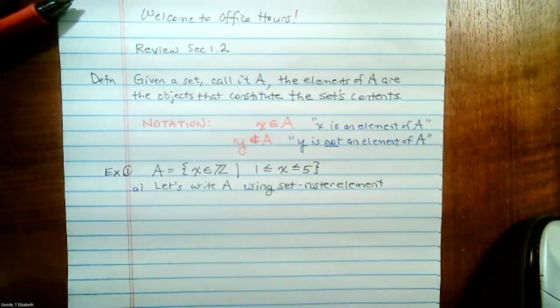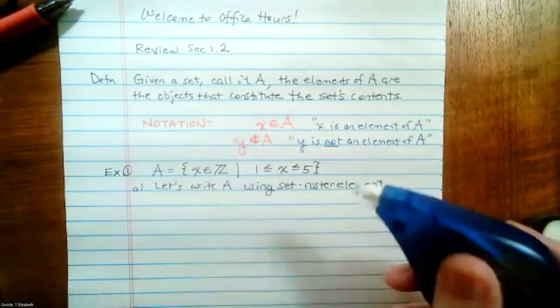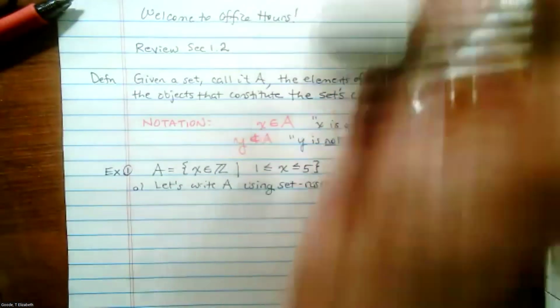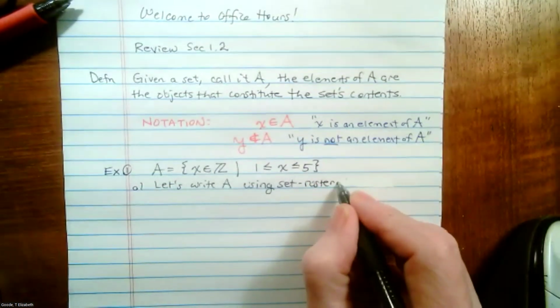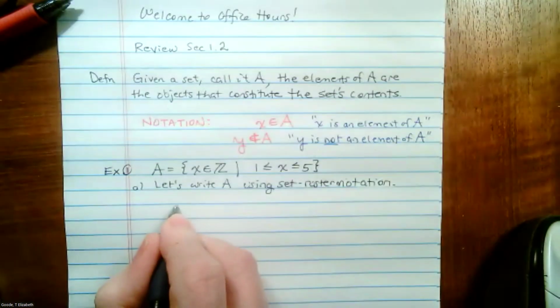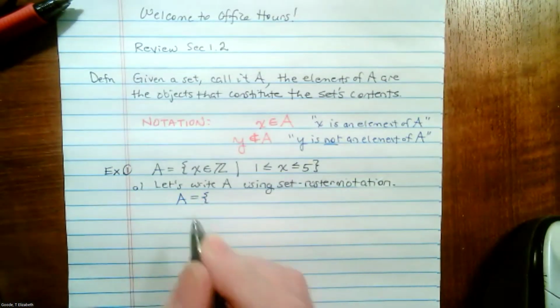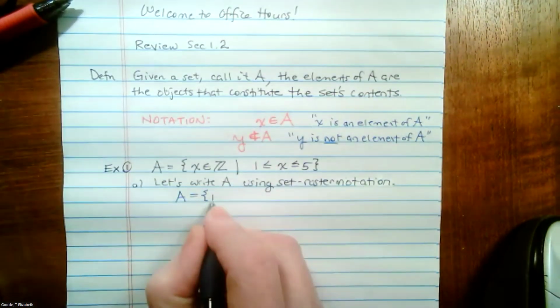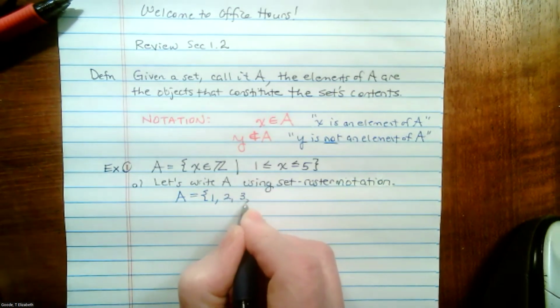See the elements listed there with commas between the elements. So that's set roster notation. All right. So if we were going to do that, we would write A equals, okay, can you tell me what would be in set A? 1, 2, 3, 4, and 5.